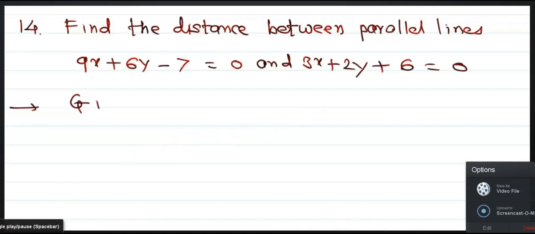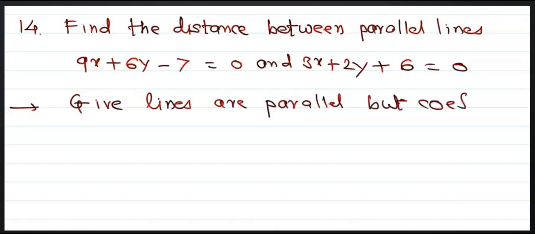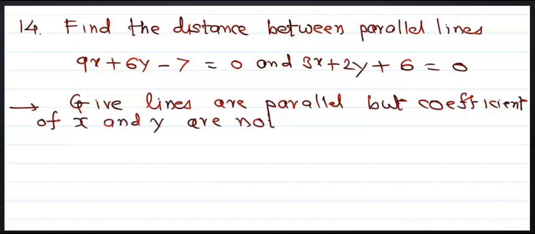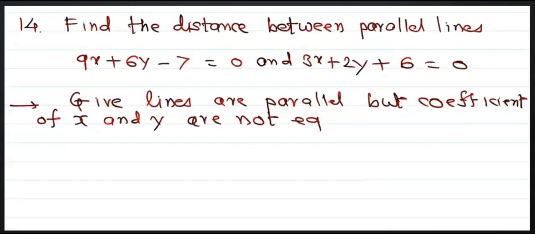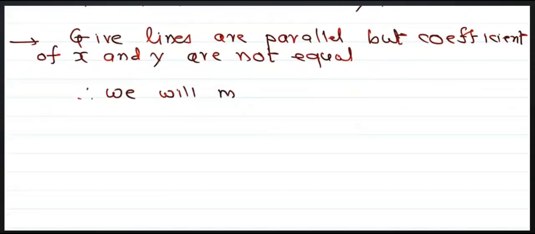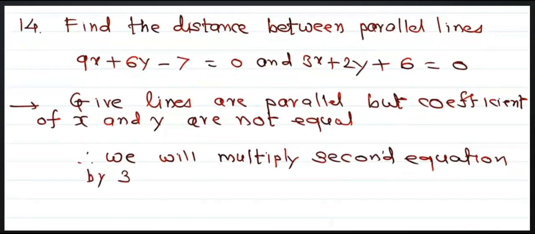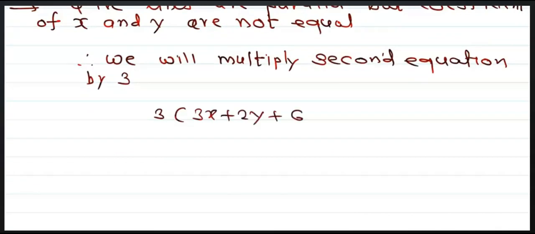See this again here. The given lines are parallel, but we require the same coefficients. The coefficients are not equal. Therefore, we will multiply the second equation by 3.